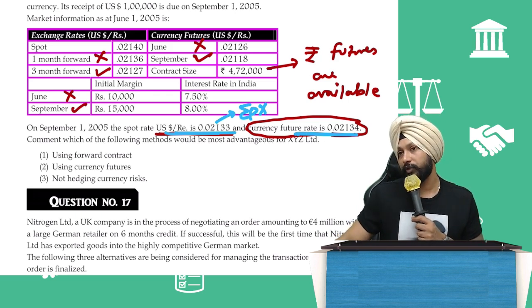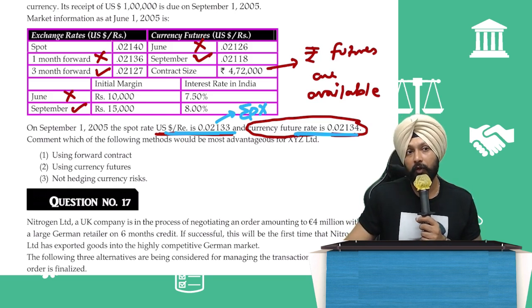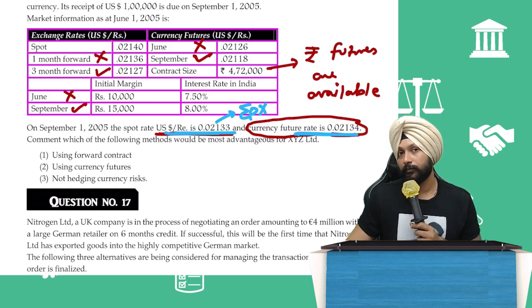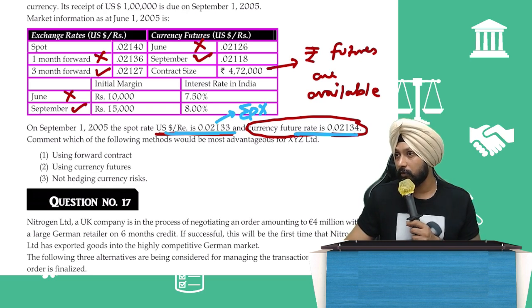If you give rupee futures, it means an Indian entity, in order to hedge its transaction, has gone to the US market and taken a rupee contract there.